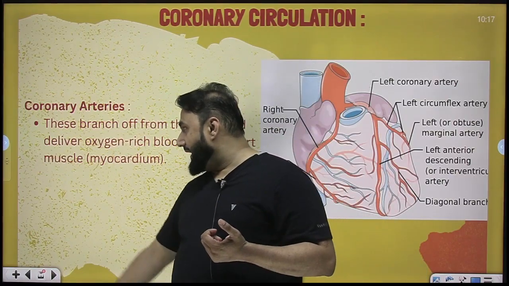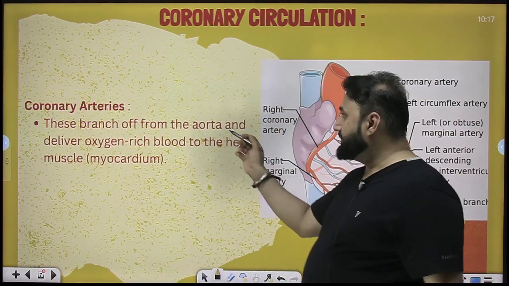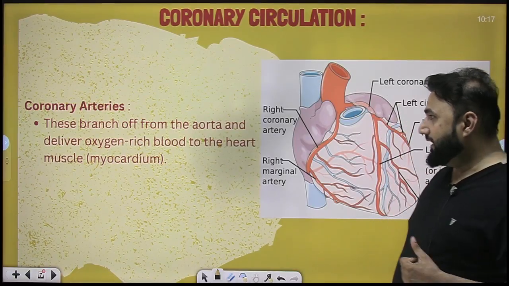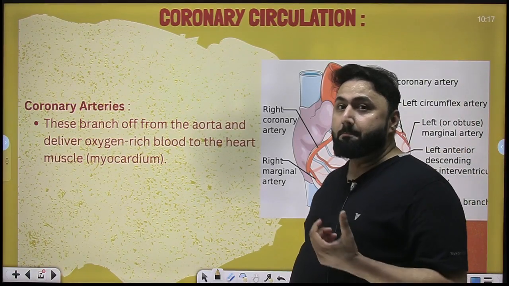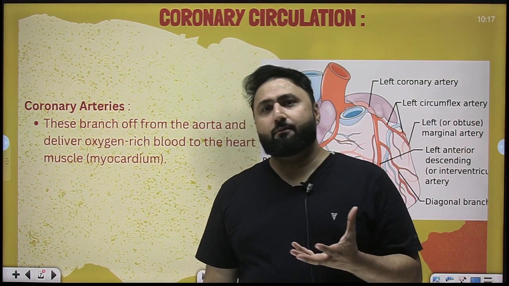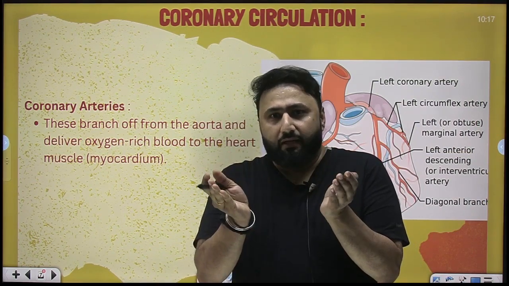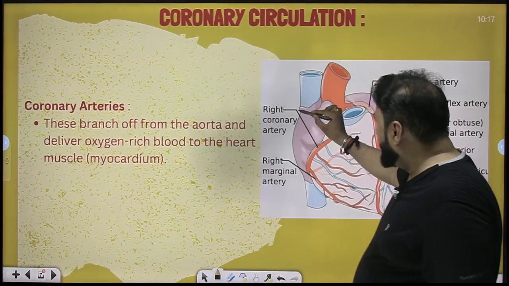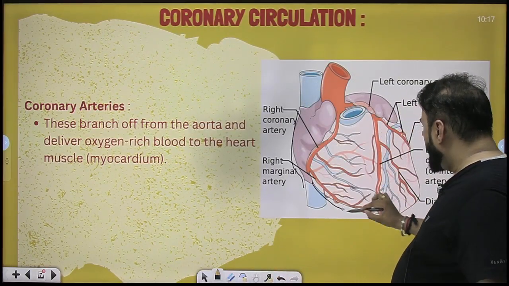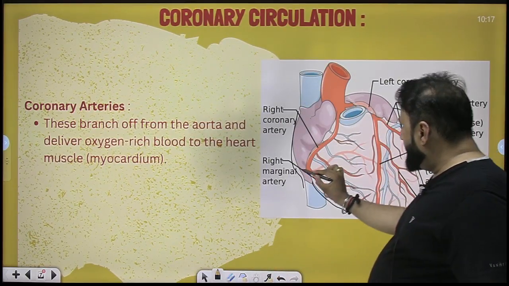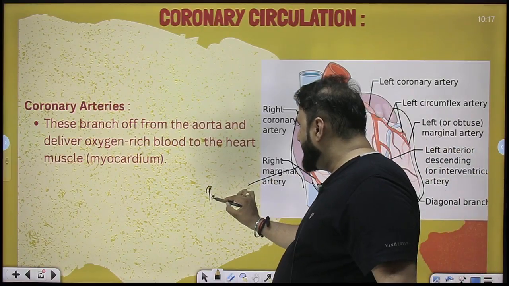So, coronary artery is a branch off from the aorta and delivers oxygen rich blood to the heart muscle, that is myocardium. Now, when we are talking about the muscle of myocardium, there is a covering of a pericardium layer which would be having a pericardial fluid.